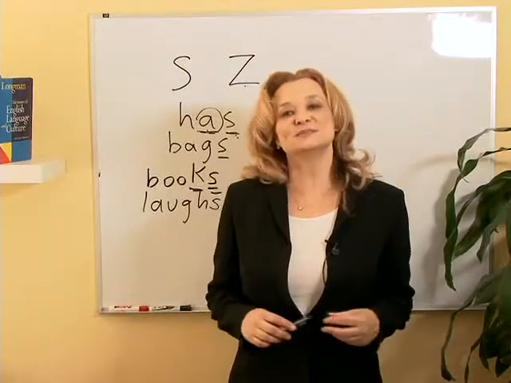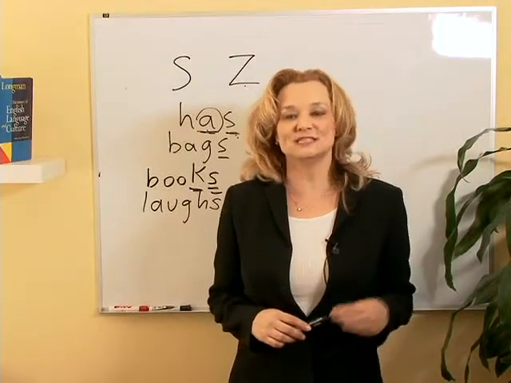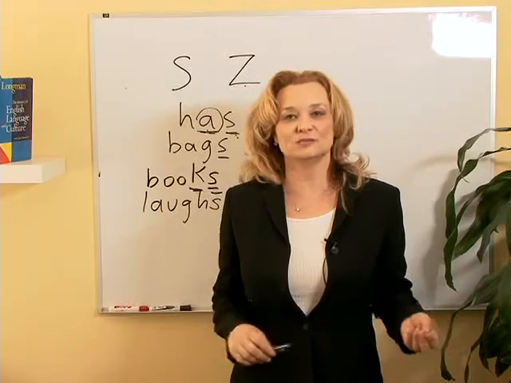All right, let's practice some sentences that have words spelled with the letter S and pronounced with the Z sound. He plays the drums on the weekends. She has friends in many countries.